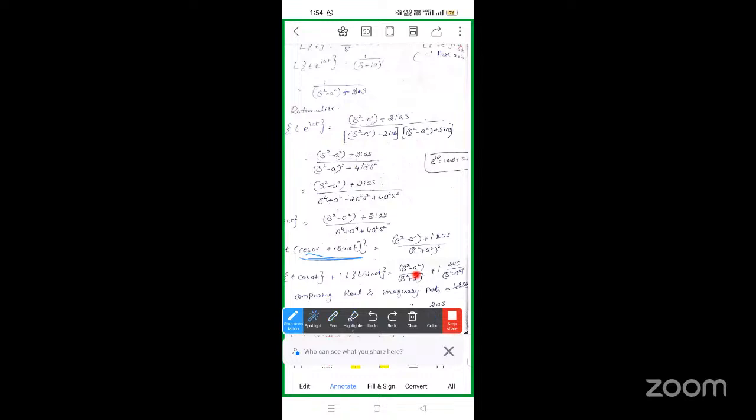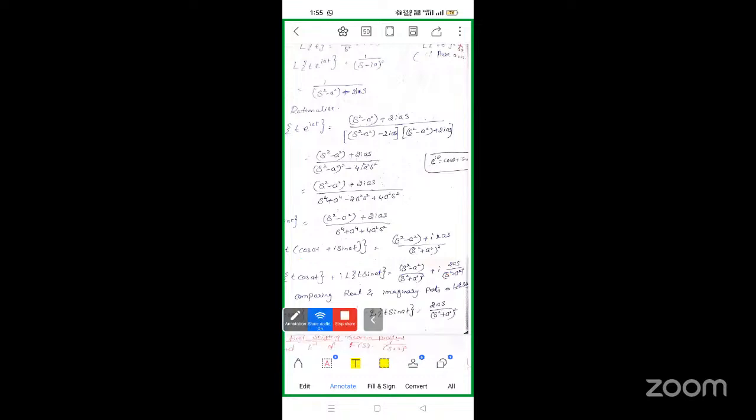So we can separate the real part and imaginary part. So separating the denominator for each and every term of the numerator. So first term s square minus a square by s square plus a square whole square plus i into 2as by s square plus a square whole square. So this is the real part plus i into the imaginary part.